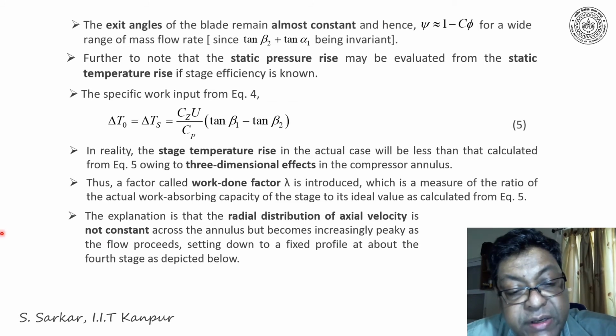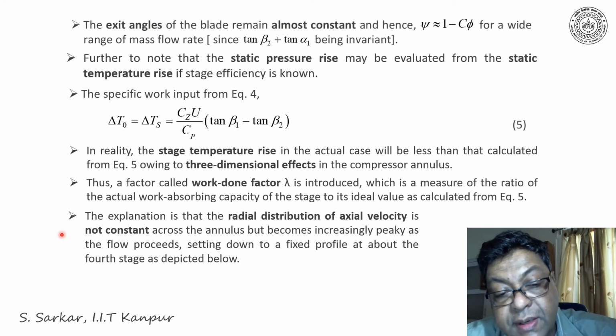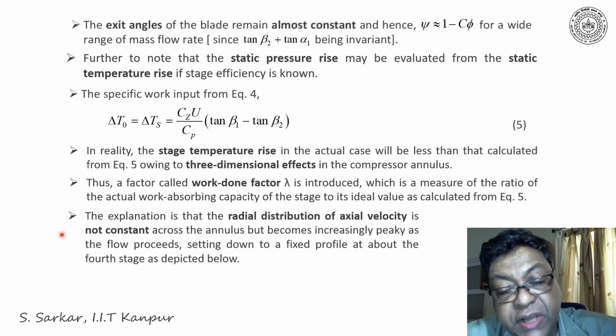The radial distribution of axial velocity is not truly constant across the annulus, but becomes increasingly peaky as the flow proceeds, settling down to a fixed profile at about the 4th stage of the compressor.